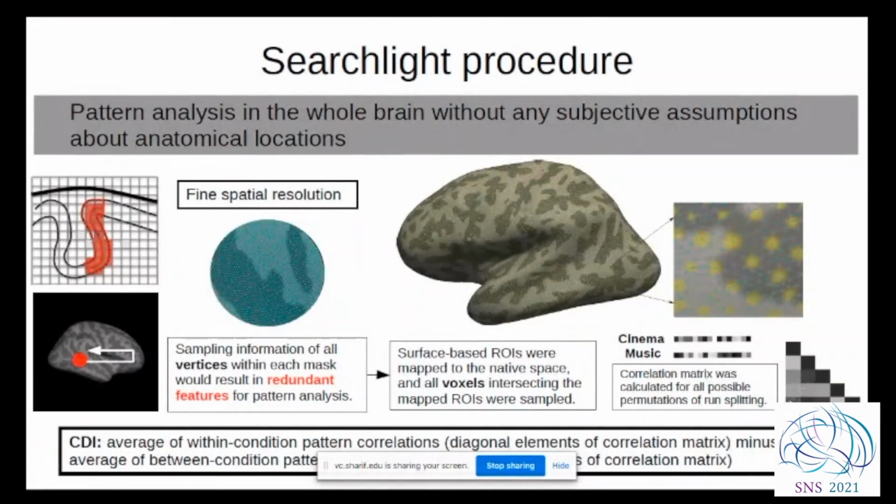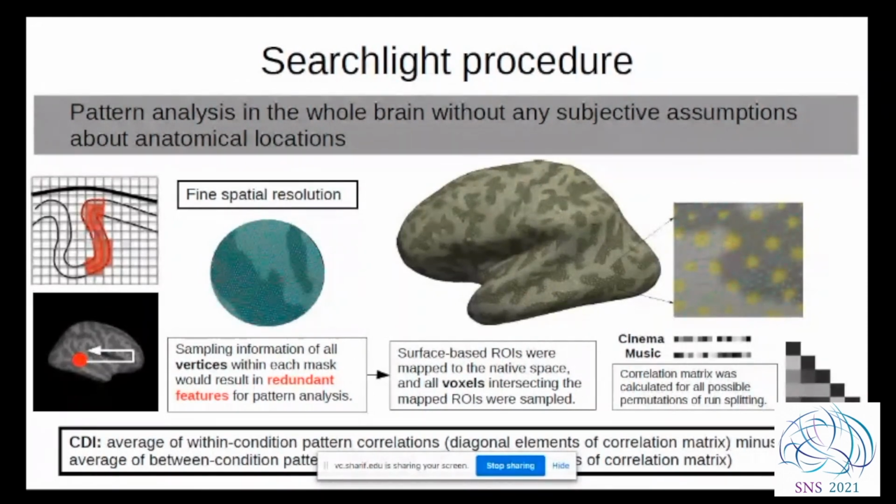We do this procedure for all possible pairs. So what are our pairs? So we have cinema, music, politics, sport, and unfamiliar categories in the odd runs. And again, we have cinema, music, politics, sport, unfamiliar in the even runs. We compute the correlation of activation patterns.